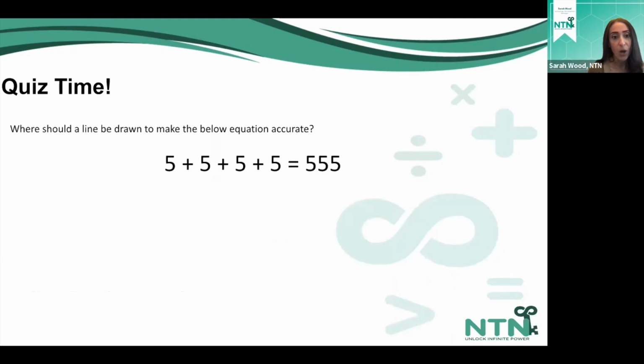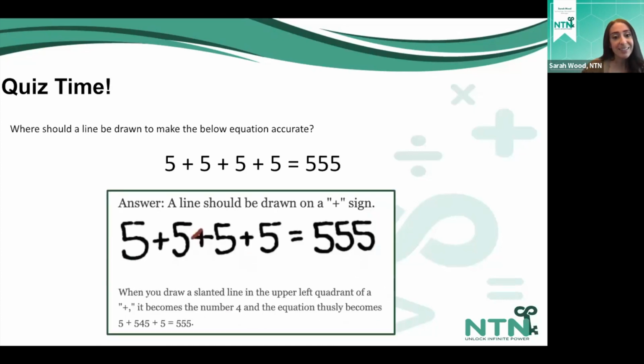So this will be 1 line. Okay, and on this question, the correct answer is actually this little tiny diagonal red line here that changes the plus symbol or the addition symbol into a 4, making that number down here at the bottom 545.